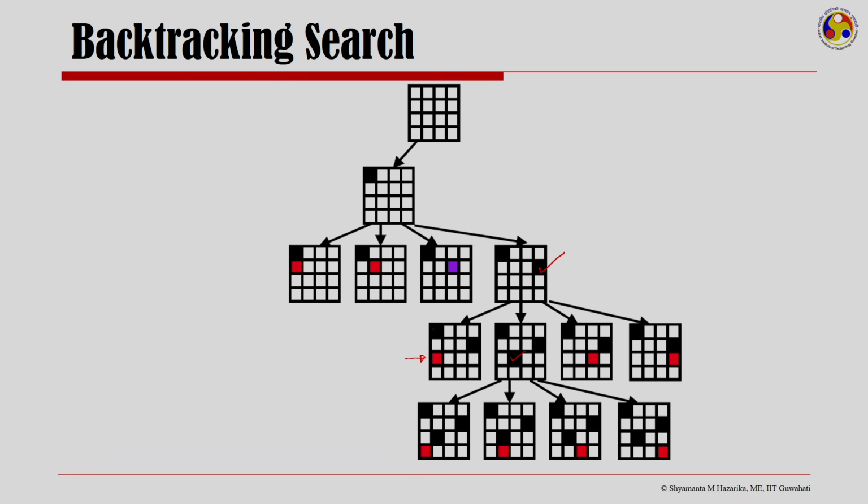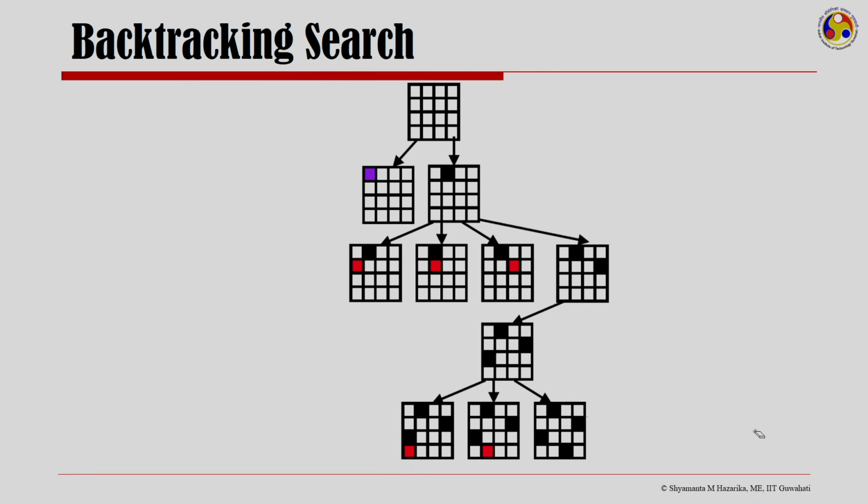Therefore, we move forward and look at the fourth row. We cannot have a queen in any of the four positions on the fourth row. That means, after we have assigned this queen, we are not left with any legal positions in the next step. So, we have to abandon this path and backtrack.